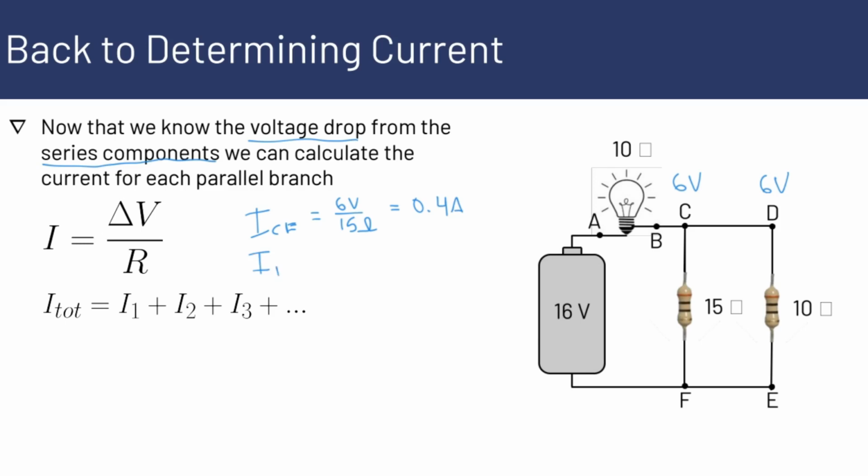And the current across DE is 6 volts divided by 10 ohms, which is equal to 0.6 amps.